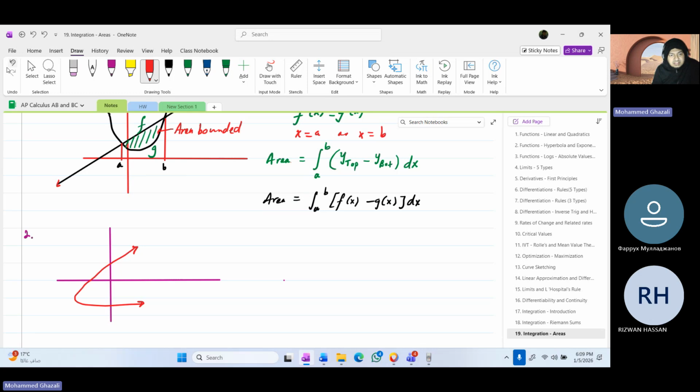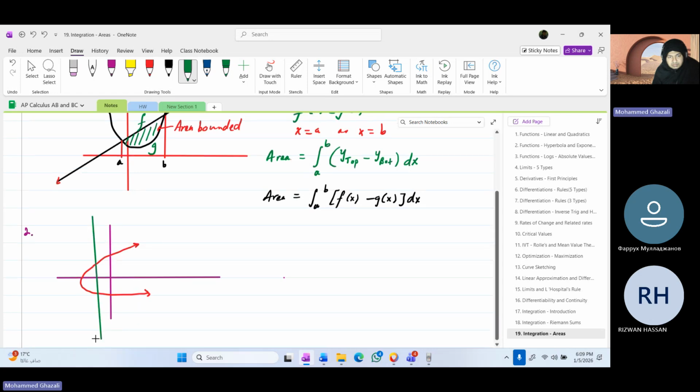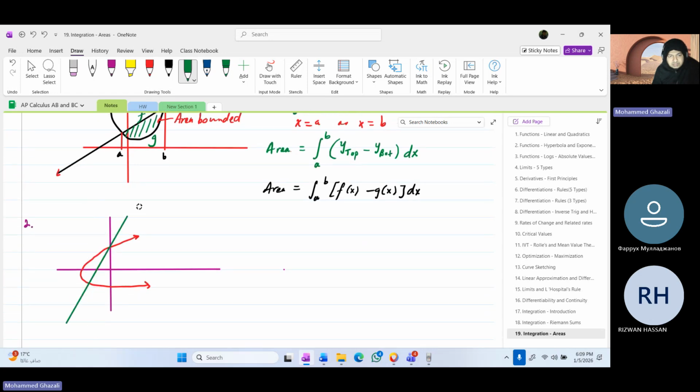This is basically called a parabola. I'll just draw a simple curve for now, and I'll just put a line through that point and this point. Let me try to slope the line in a different form.